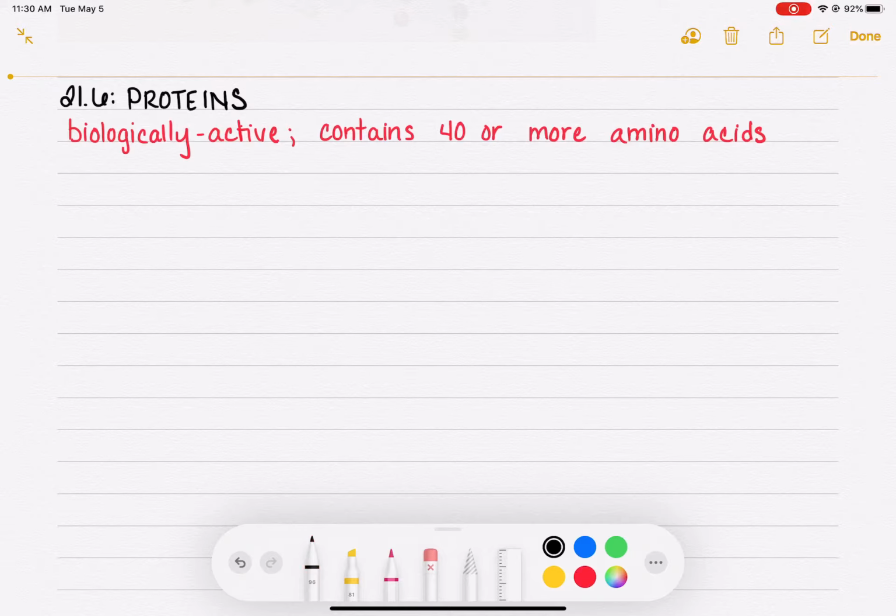So when we're talking about the shape or the structure of a protein, there are 4 different ways that we describe the shape or the structure.